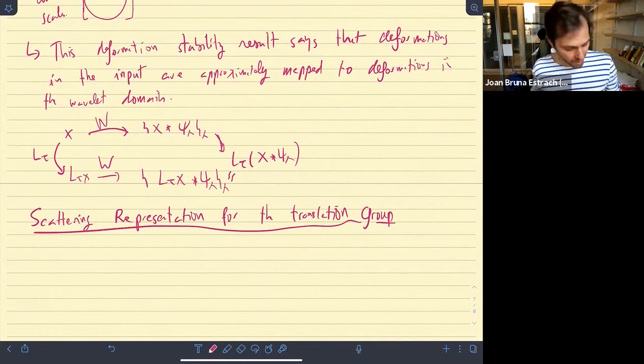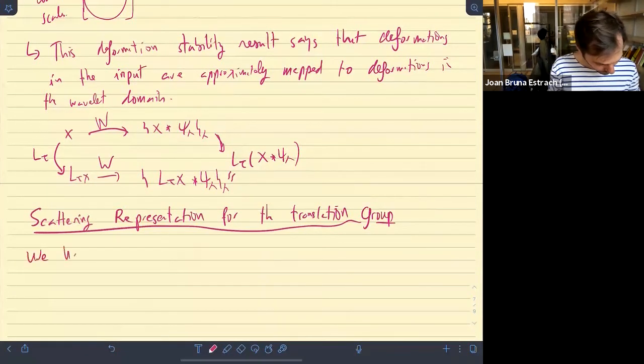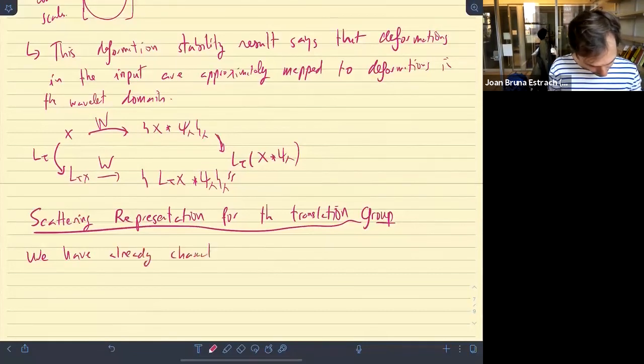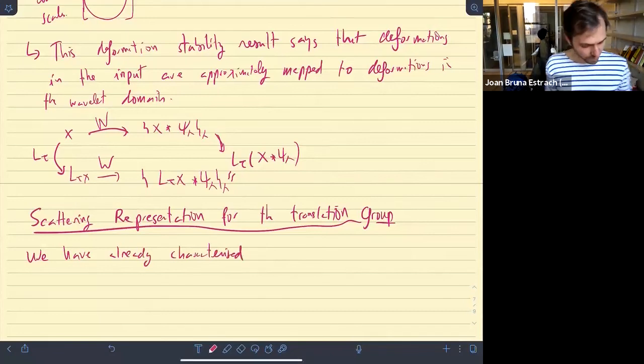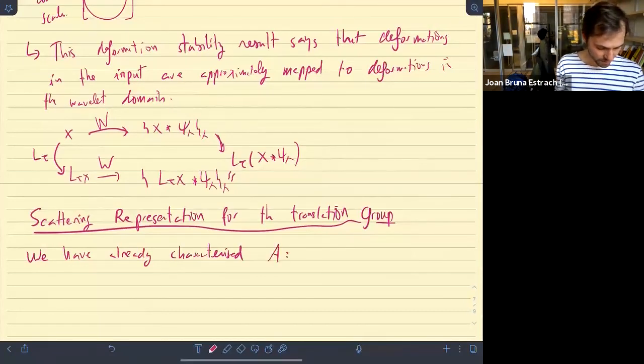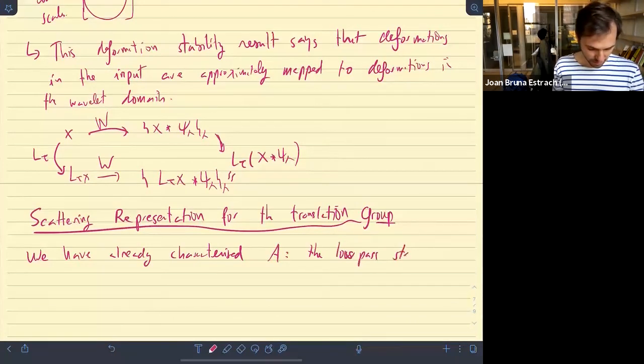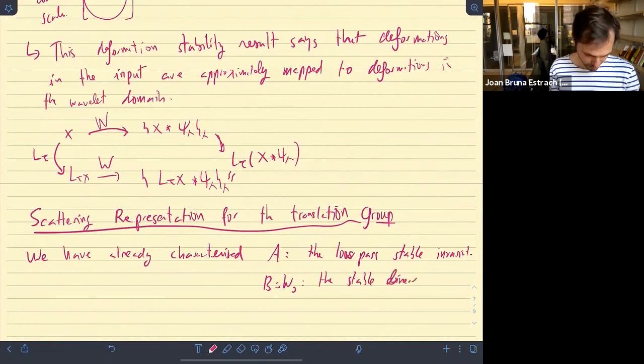Okay, so we have characterized so far A, that is the low-pass stable invariant. We have characterized B, that is equal to the wavelet transform, the stable linear equivariant.